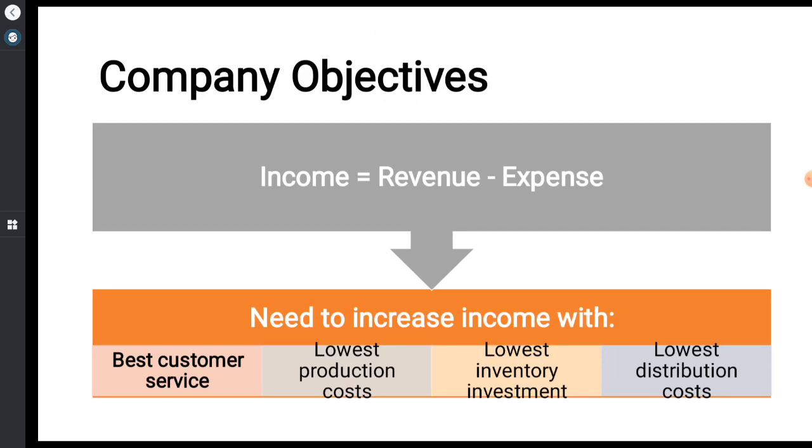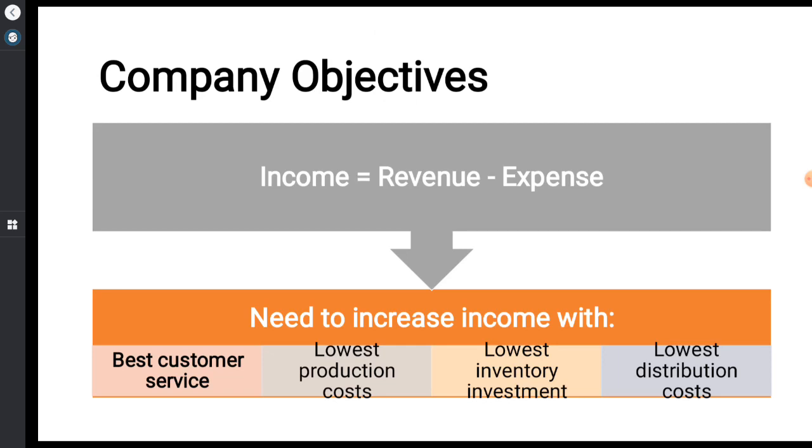So companies can increase their income or their gross profits by either focusing on providing the best customer service, and this means eventually increasing the number of units sold, or sometimes even increasing the company prices, but in a reasonable way, and this will end up increasing our revenues.